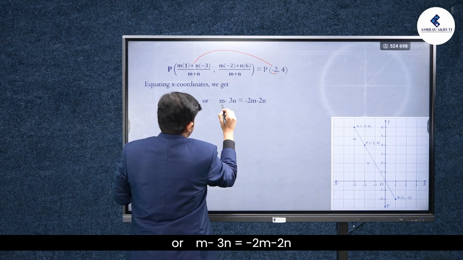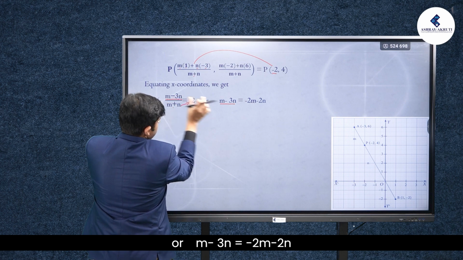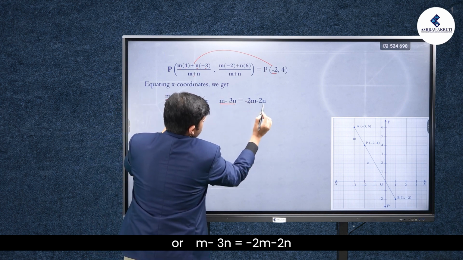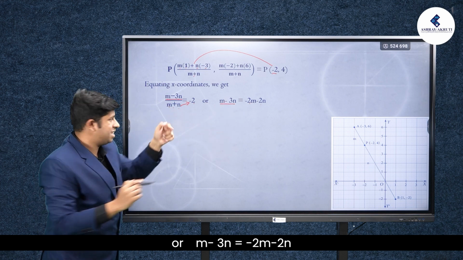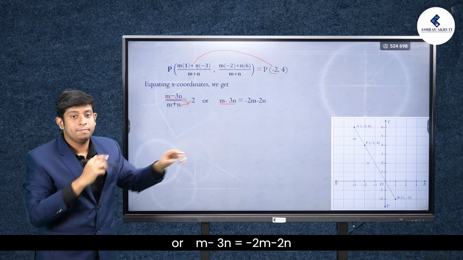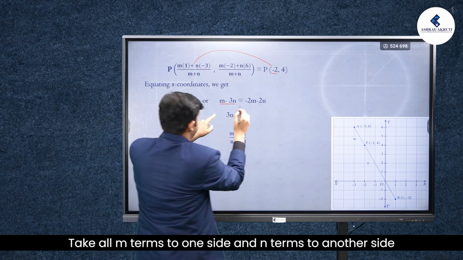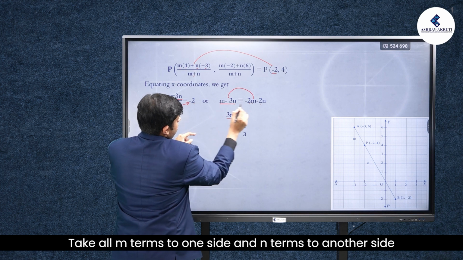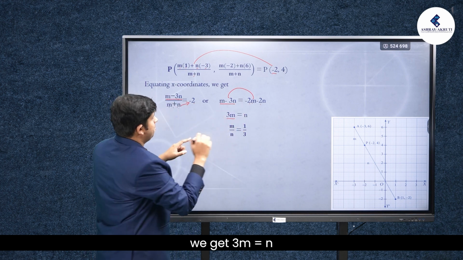Or m minus 3n is equal to minus 2m minus 2n. Take all m terms to one side and n terms to another side. We get 3m is equal to n.